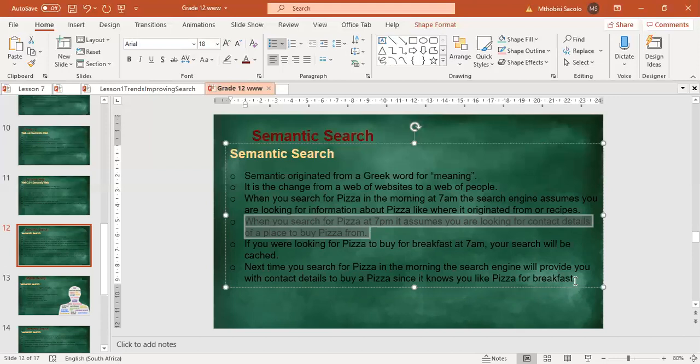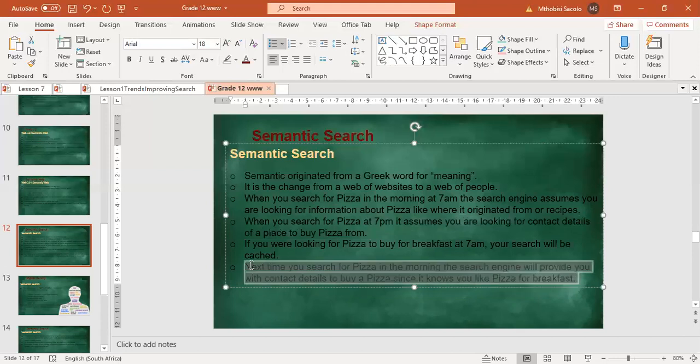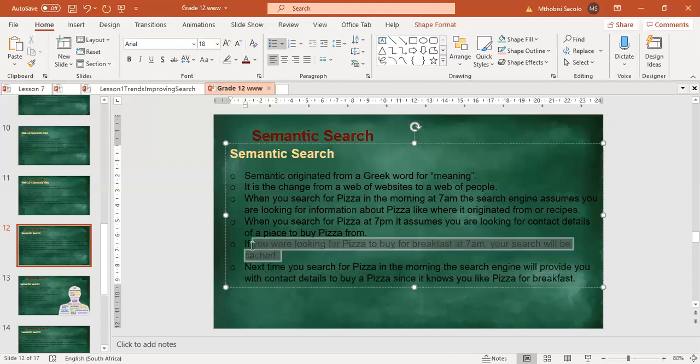So you see now, this website is capturing information about you. So maybe if you buy the pizza in the morning for breakfast for the first time, then the second time when you go there and search for pizza, it will just assume that you want to buy.